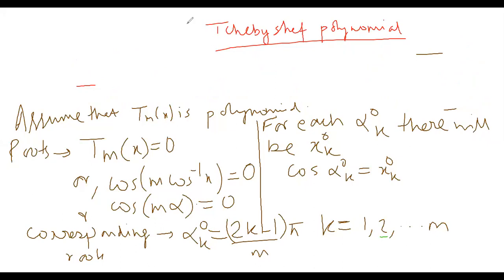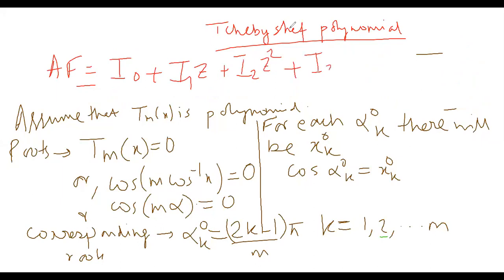The array factor is equal to I naught plus I1 z plus I2 z square plus I3 z cube plus dot dot dot.